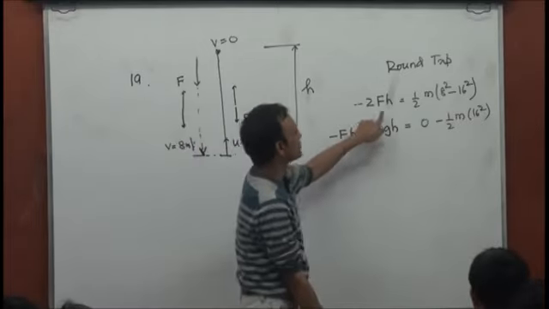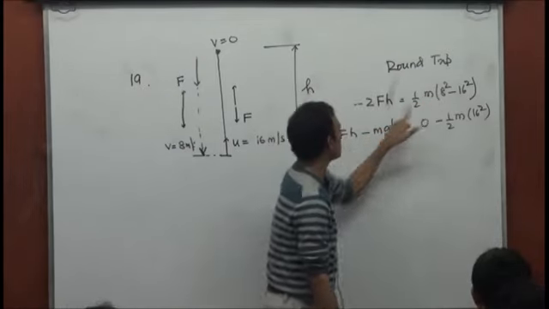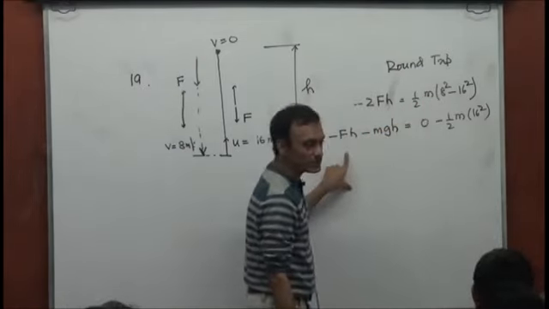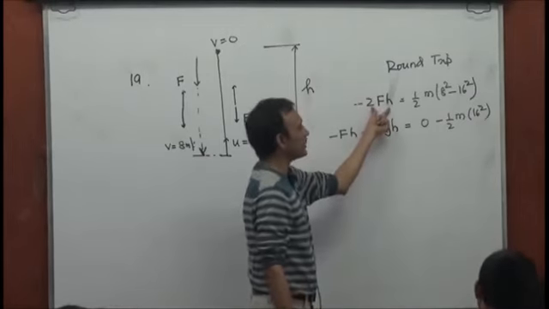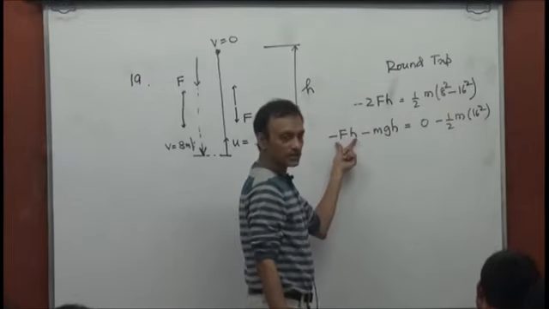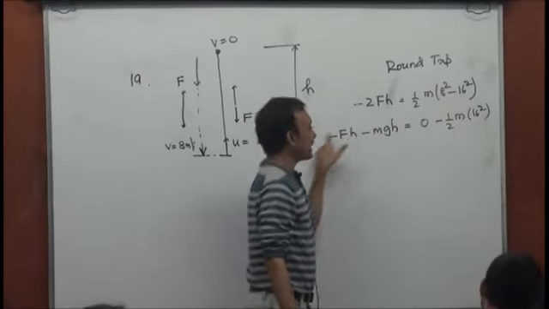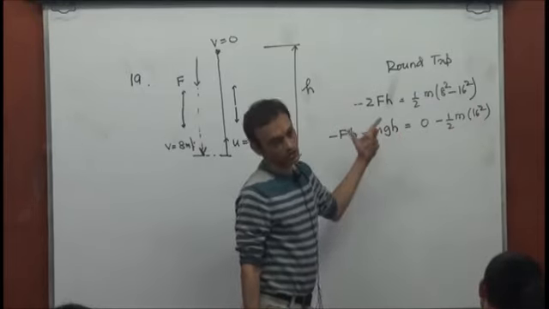Or what you could do is, this F into H could be replaced by this, and you can simply solve for h, isn't it? This F into H is like 1/4 of this, which can be plugged in here. m would get cancelled from both sides, and you can solve for h.